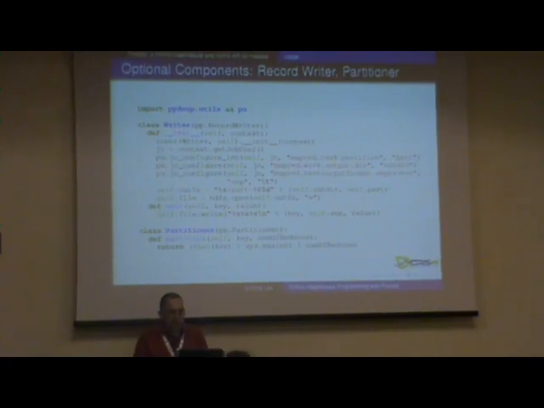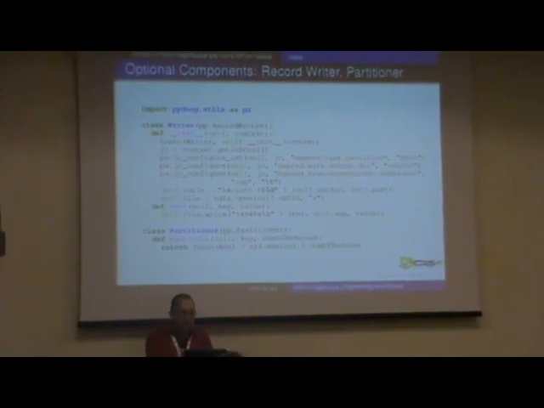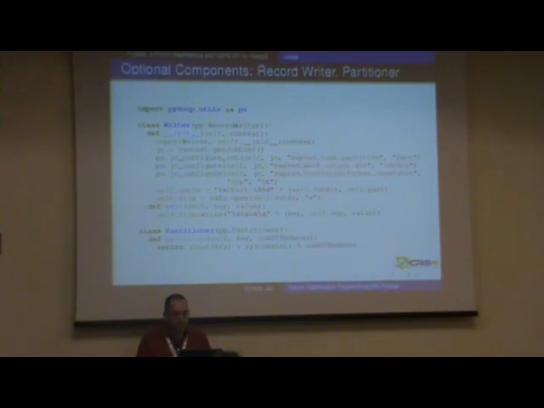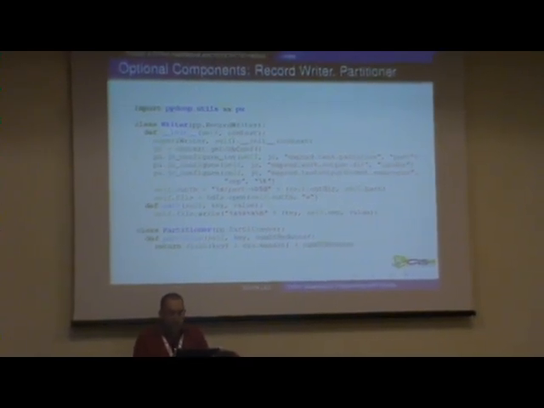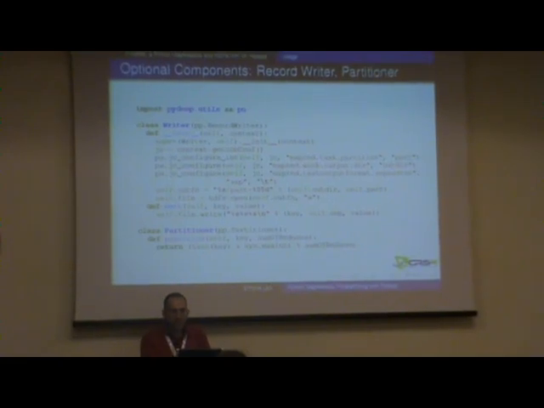These are also re-implementations of the default record writer and partitioner. In the record writer implementation, there is also an example of how to read configuration parameters. In this case, I'm reading standard Hadoop configuration parameters, but you can define your own.